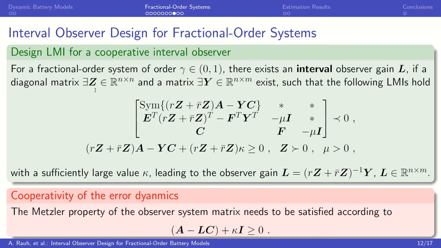As I already mentioned, the cooperativity of the dynamics is ensured if A minus LC is a Metzler matrix, which can be verified by element-wise checking the corresponding inequality in the red box.